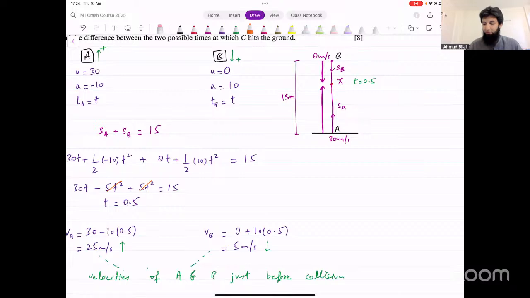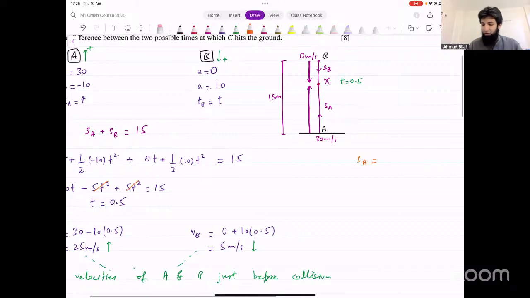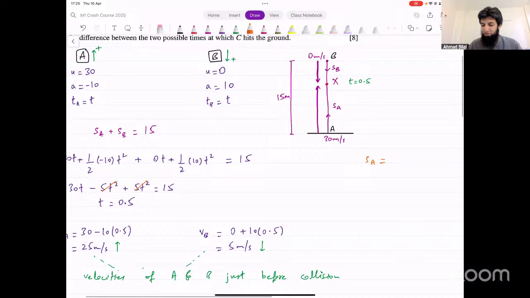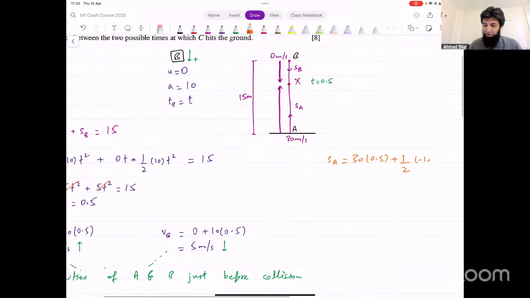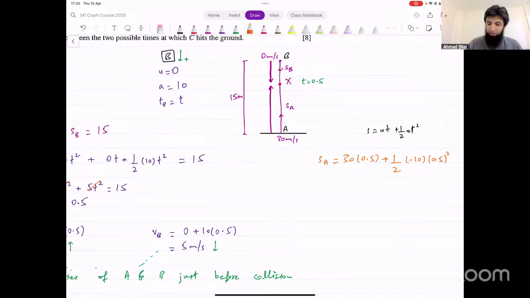Let's do that calculation here. SA, what would that be? UT, U is 30, into T, which is 0.5, plus half into A, which is -10, into T squared, which is 0.5 squared. So I'm using this equation, S equals UT plus half AT squared. That will give you the height of the point X, the point of collision.